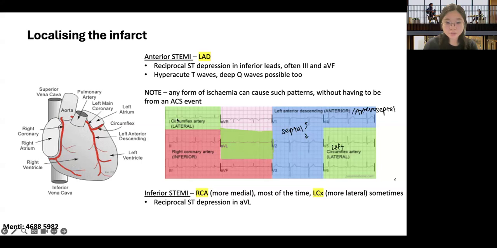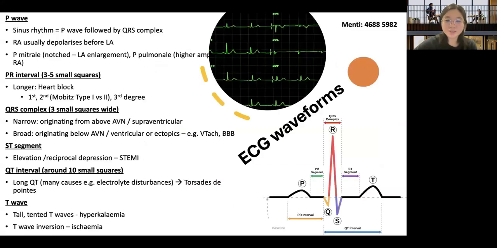This is normal axis, but if they were pointing in different directions, some people use the mnemonic like lovers leaving, so that's left axis deviation. But if they're pointing towards each other, then it's lovers returning, which is a right axis deviation.